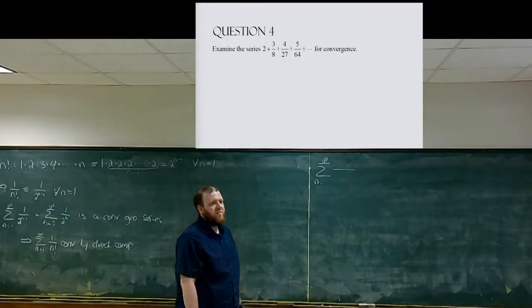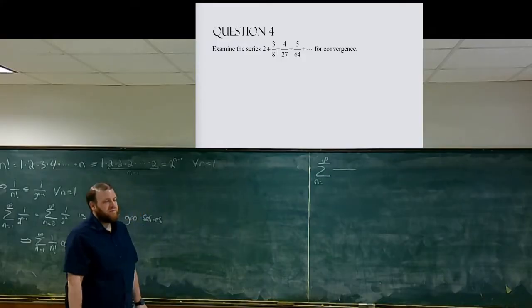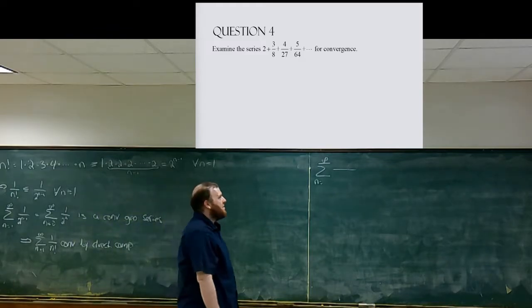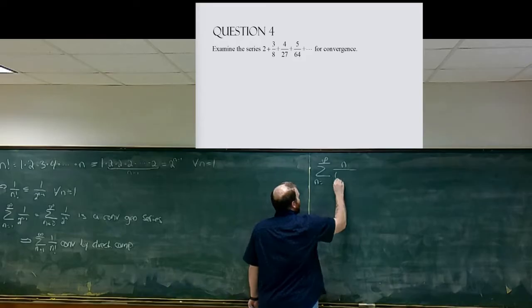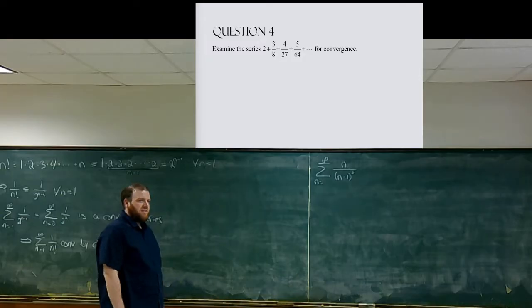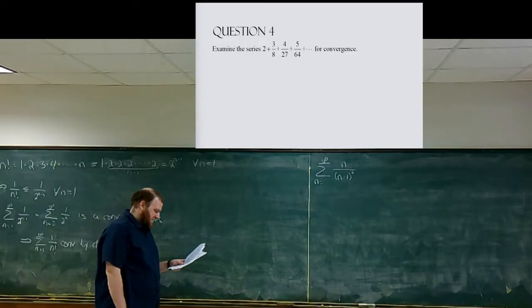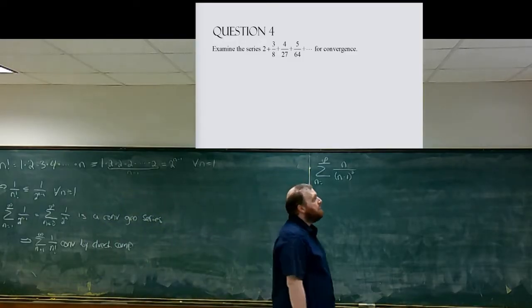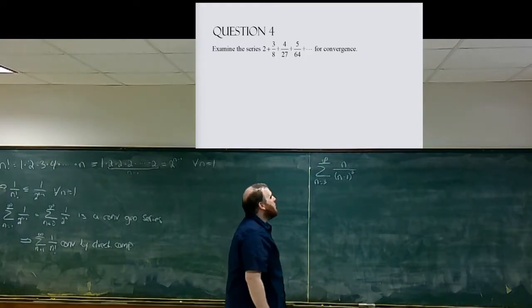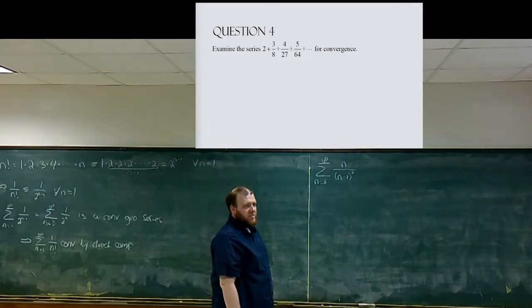That's saying that n starts at 3. It wouldn't be starting at 3, because if n started at 3, what's your first term? 3 over 8.